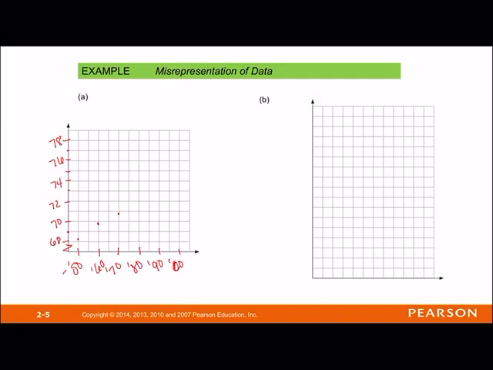And 1980, 73.7. In 1990, 75.4. And in 2000, 77. Okay, and again, we're just going to connect those dots, each one successively.